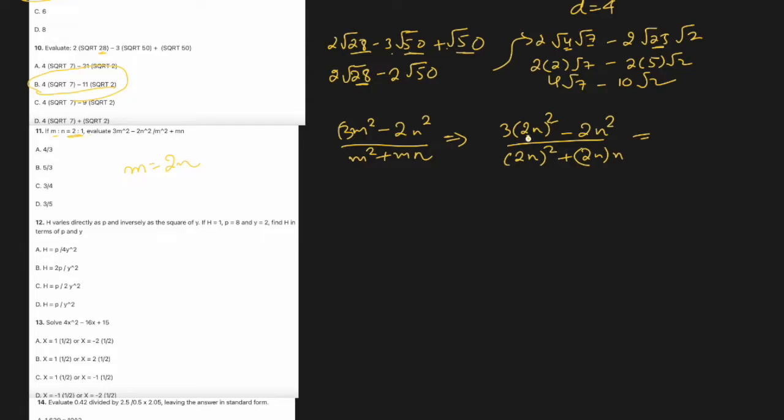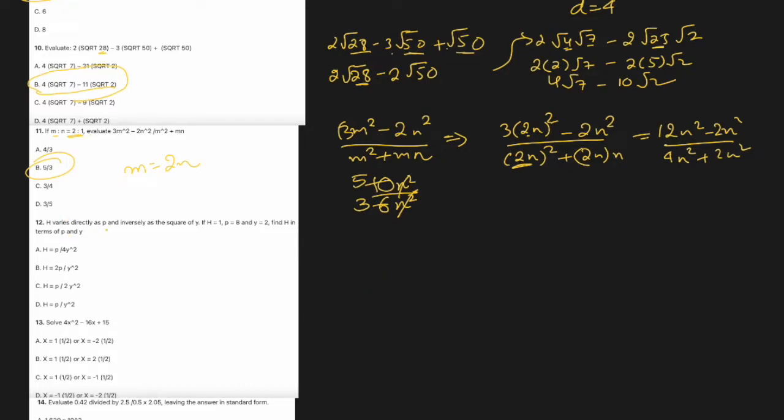So 2 square is 4 times 3, 12 n square minus 2n square, over 4n square plus 2n square. So 12 minus 2, 10 n square, 4 plus 2, 6 n square. n square cancels, 10 and 6 also cancel, 5 over 3. B is the answer in this one.